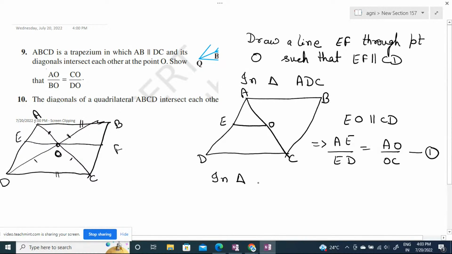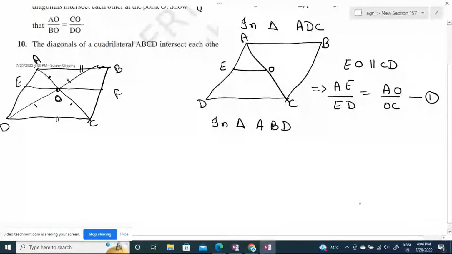Now similarly, in triangle, which triangle will I take? ABD. That means we take the triangle in the reverse form.